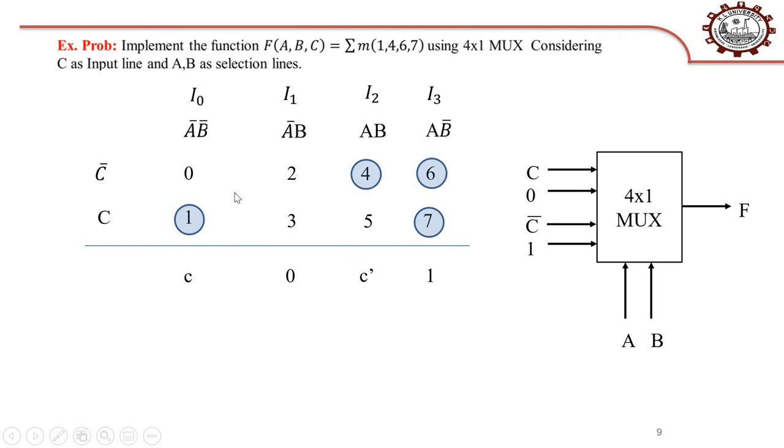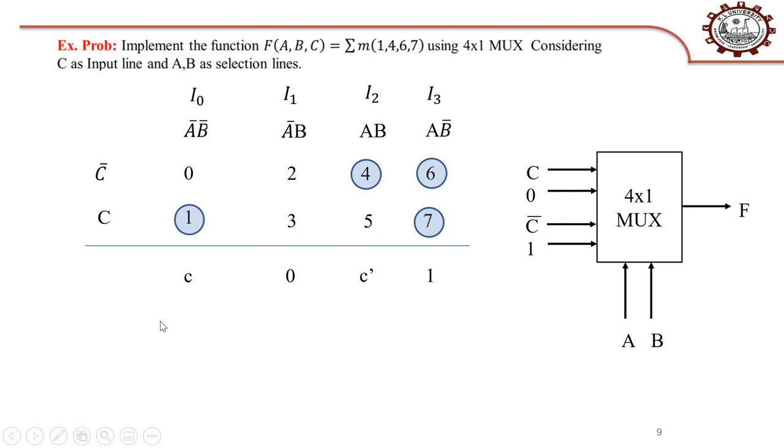If you look at the order, this is 0, this is 1, this is 2, this is 3 actually, but we have taken it in another format. Try to understand this. Now from here you have to extract the expression. Here this is C, and here it is C bar. In this column both are filled, so take this one, and here both are not selected, that's why put 0.